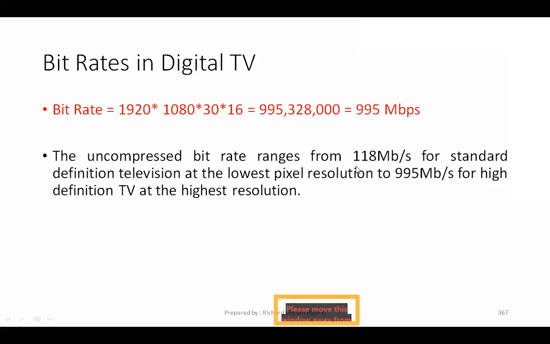So that's why your service providers charge you a higher rate if you want higher quality. Why is that happening? Because they have to invest in bandwidth. You can see the differences here. For high definition, for a 1080p resolution, you need about 995 Mbps, but for a normal one you need about 118.